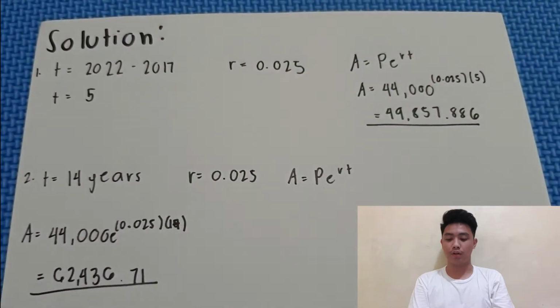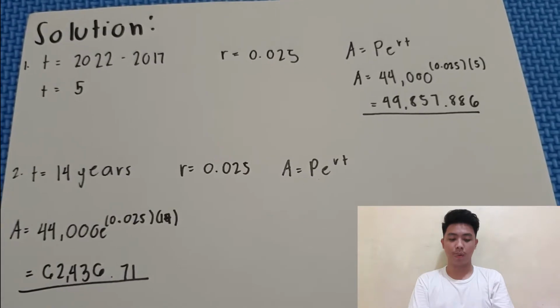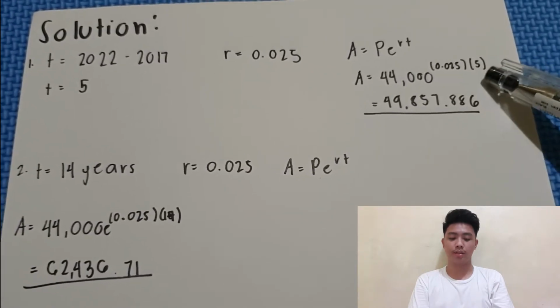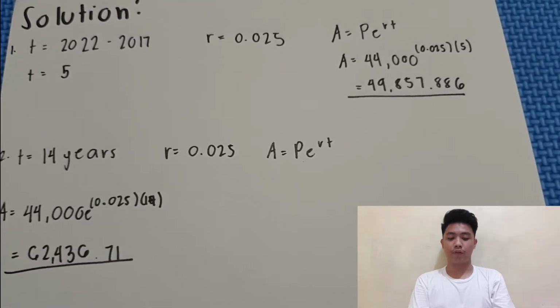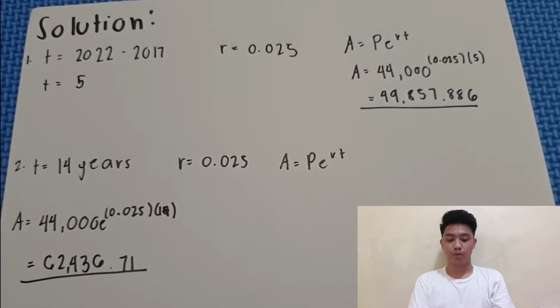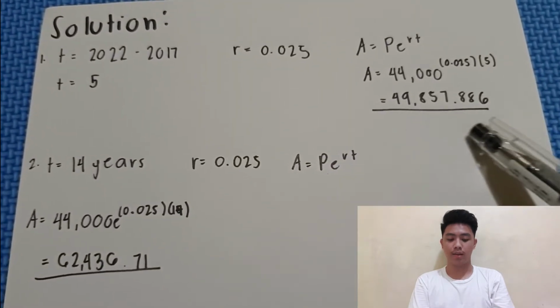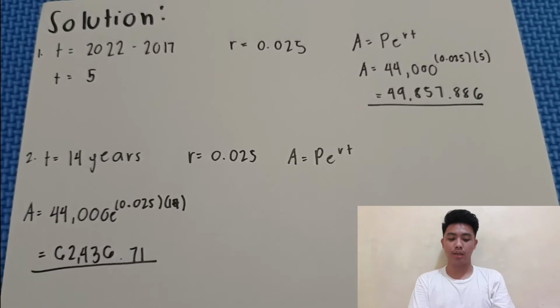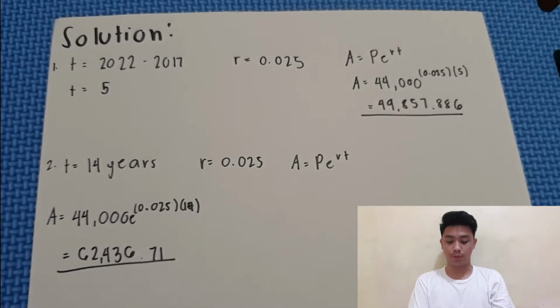That is the value of t, or time. So substitute all the values. 44,000 times e raised to 0.025 times 5. You will get an answer of 49,857.886.